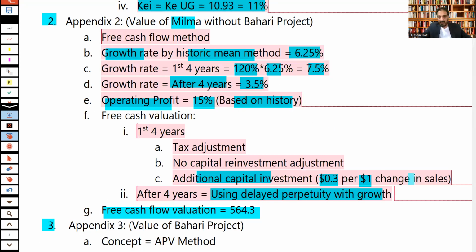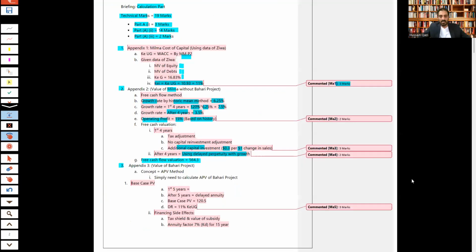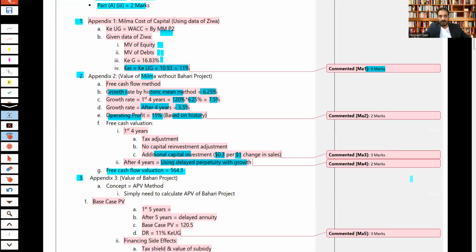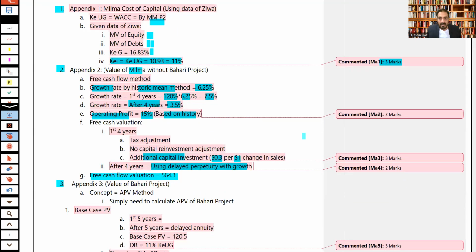Sir, what are the marks? The marks are for all these workings. These are 2 marks for growth, operating profit rates, all these things. Free cash flow, complete tabular working, first 4 years, 3 marks.